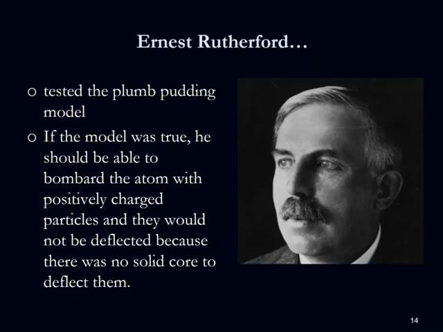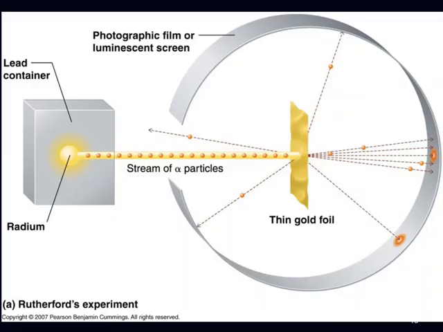If the plum pudding model was true, he believed that the alpha particles wouldn't be deflected in any way. They would actually go straight through the gold atoms, and he would be able to detect them on the other side.